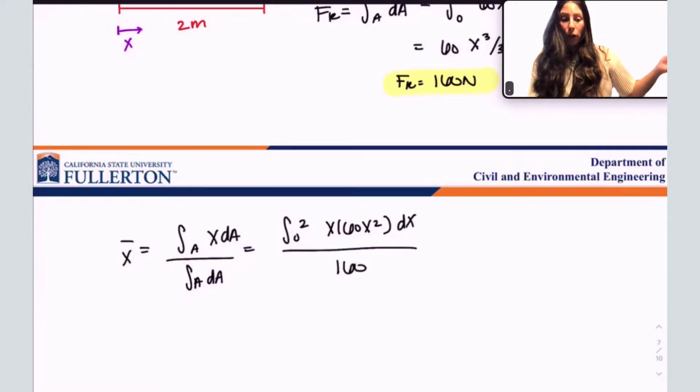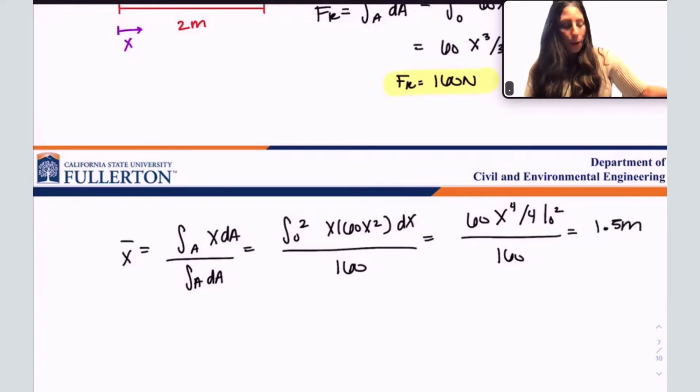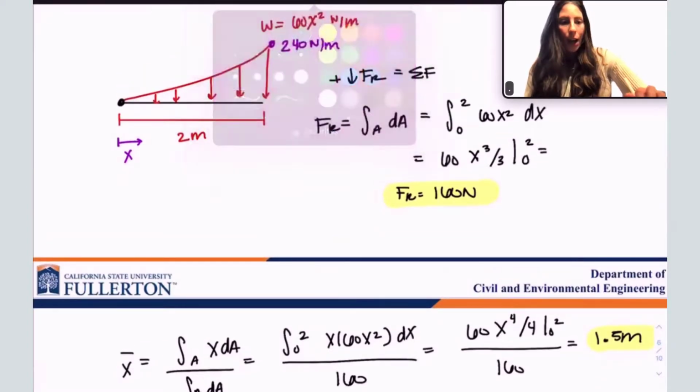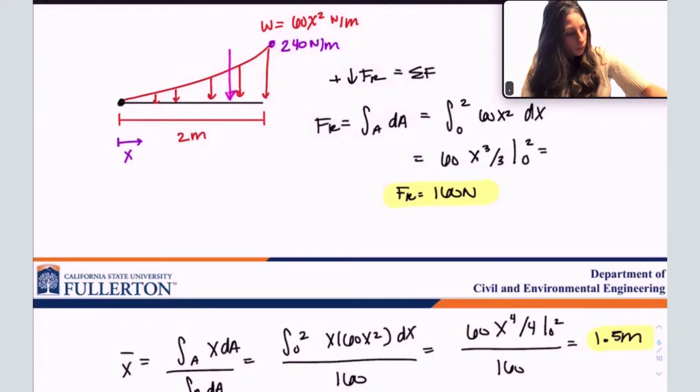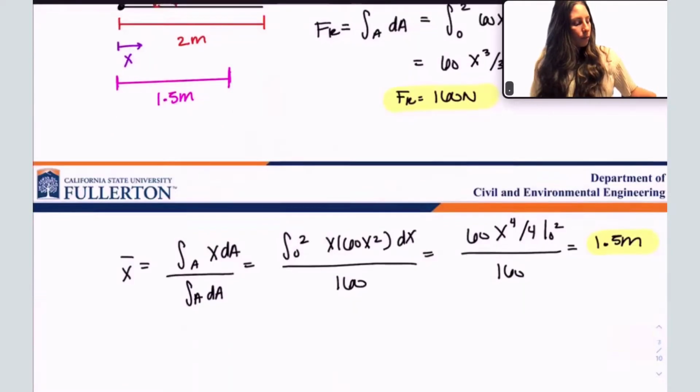That's my FR, so I don't need to do anything else, just divide by the FR that I got. So I get 60x to the 4th divided by 4 integrated from 0 to 2, divided by 160, and I end up getting 1.5 meters. So the resultant force acts here, 1.5 meters away from that starting point, and has a magnitude of 160 newtons. And that is my answer.